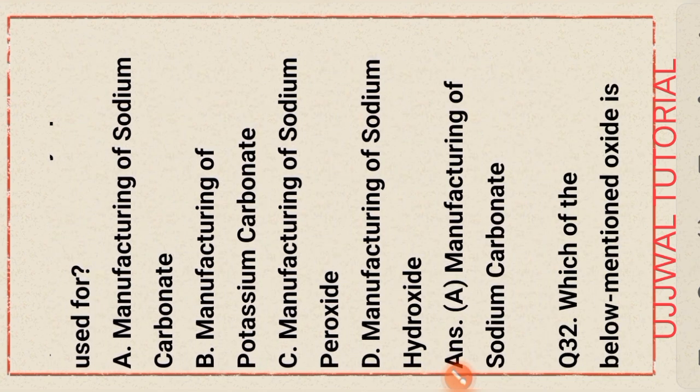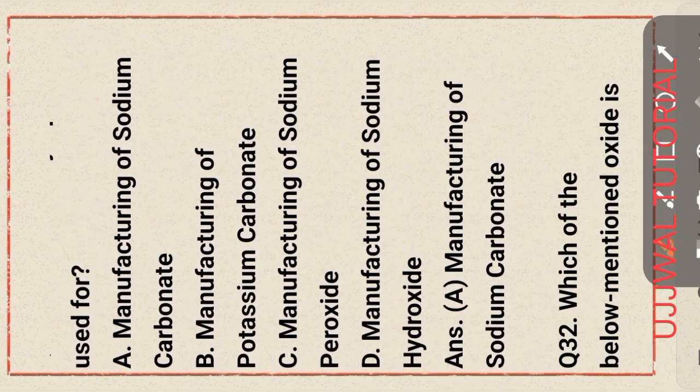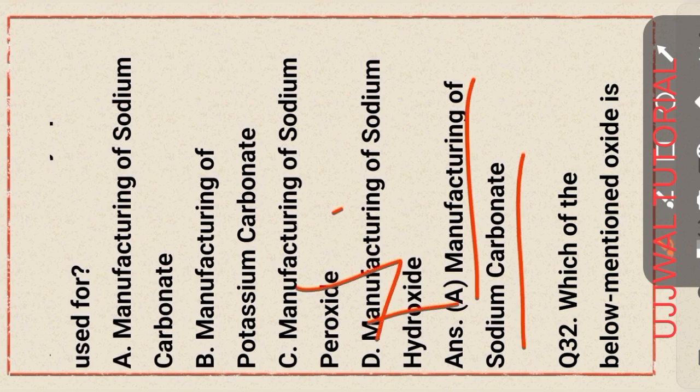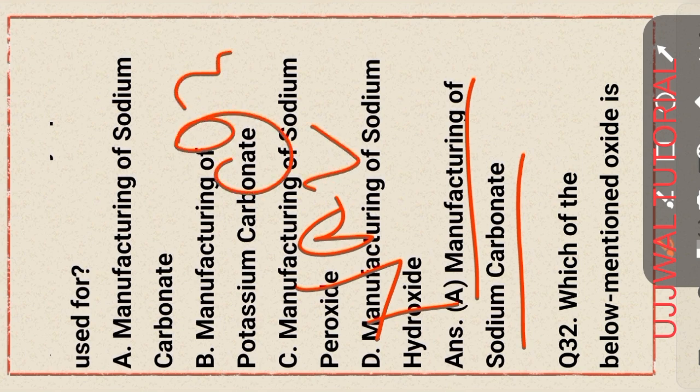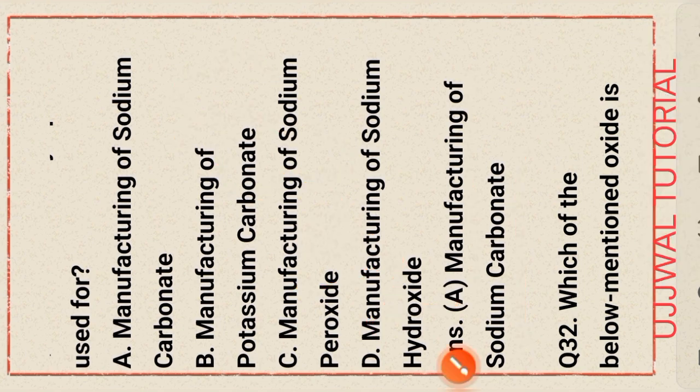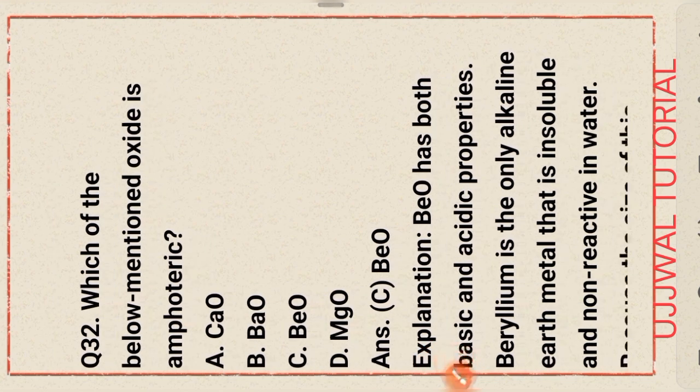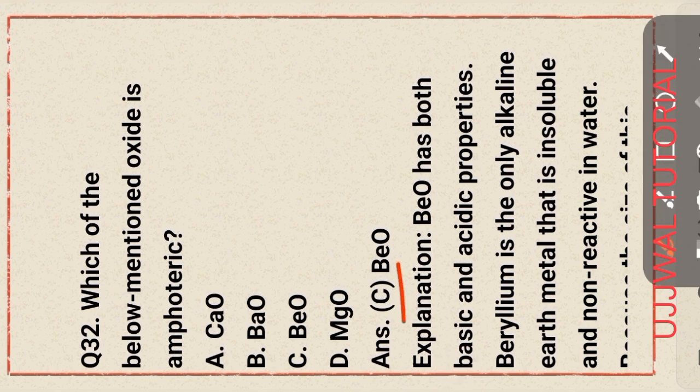Which is the Solvay process used for? That is option A, manufacturing of sodium carbonate. Sodium carbonate formula Na2CO3. Okay, next question. Which of the below mentioned oxides is amphoteric? That is beryllium oxide.